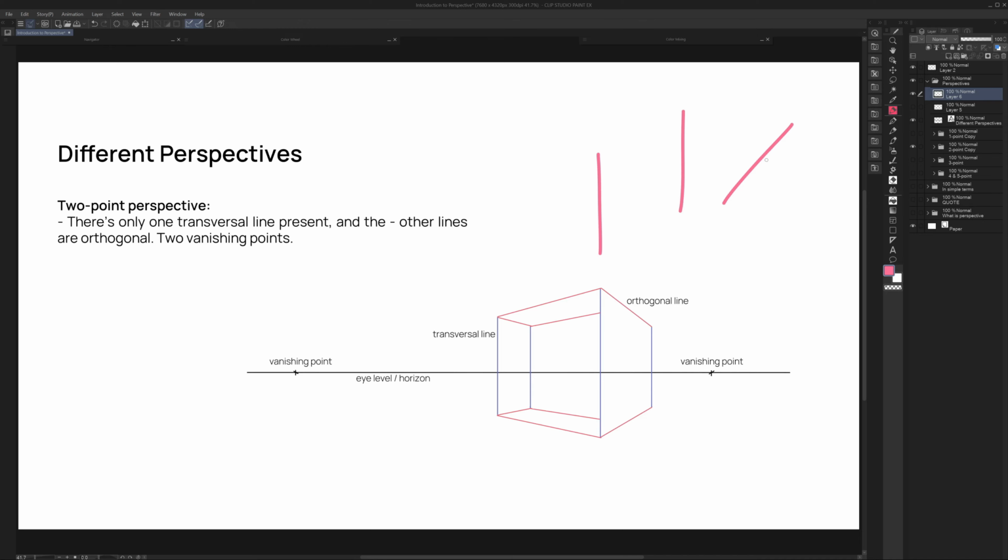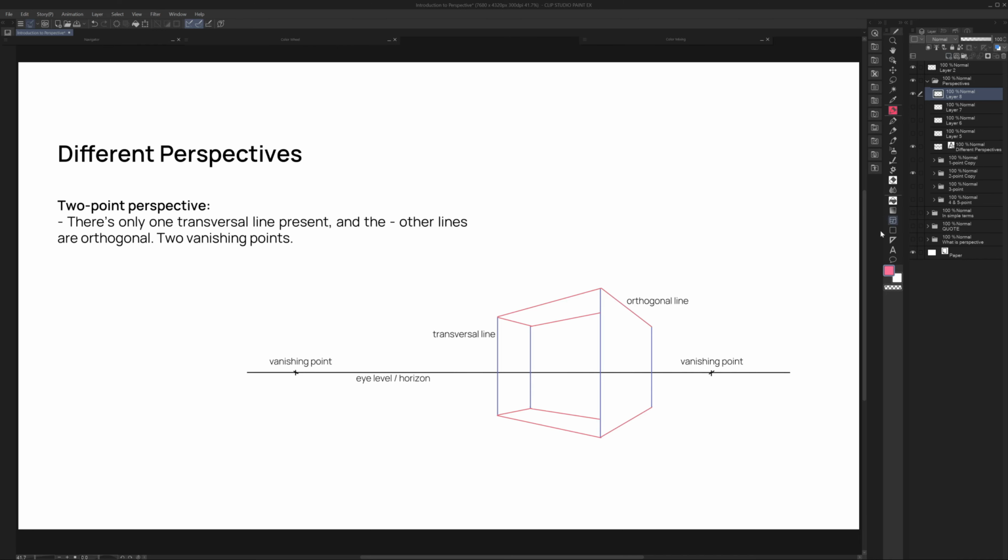It can be tilted, say at a 45-degree angle, but it would still be a transversal line compared to the orthogonal line, which goes from this point to the vanishing point, as you can see. That's how 2-point perspective works. Super simple.